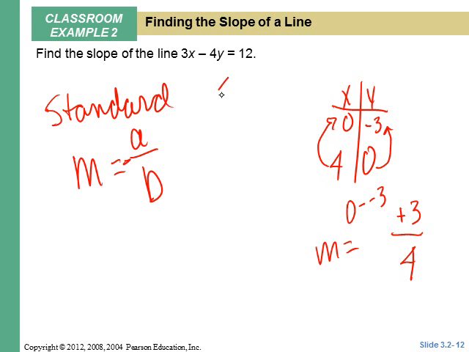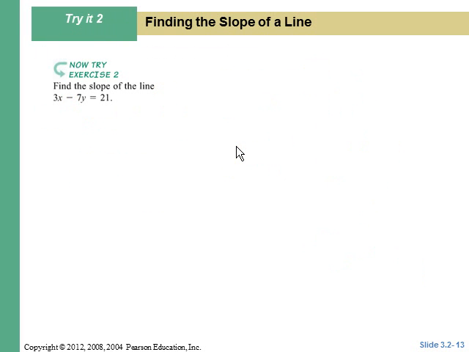So if you had 4x minus y equals negative 8, the slope would be 4, the x coefficient, over 1, and then change the sign. So it's going to be positive 4. You do this one, and then when you're ready, press play.